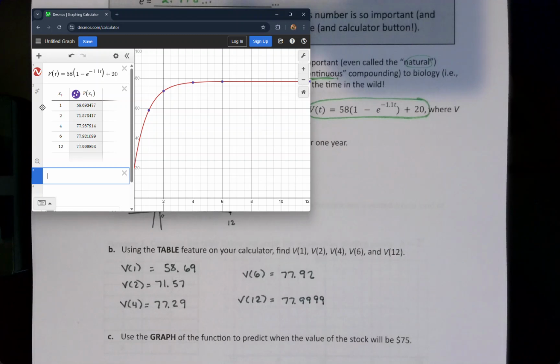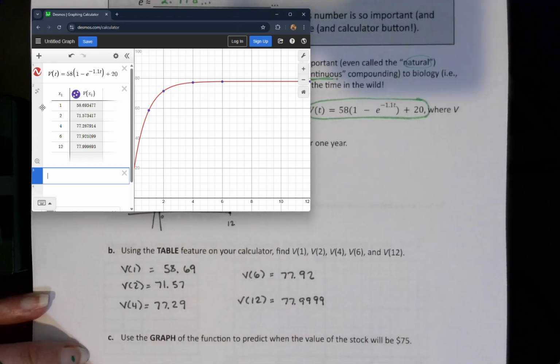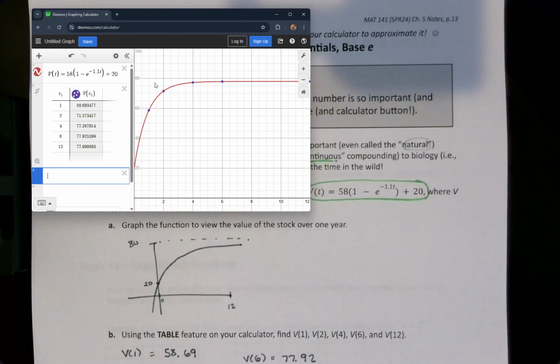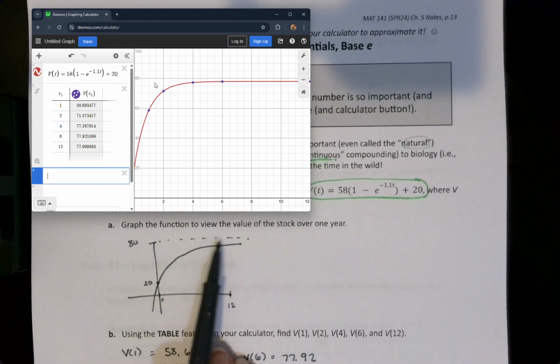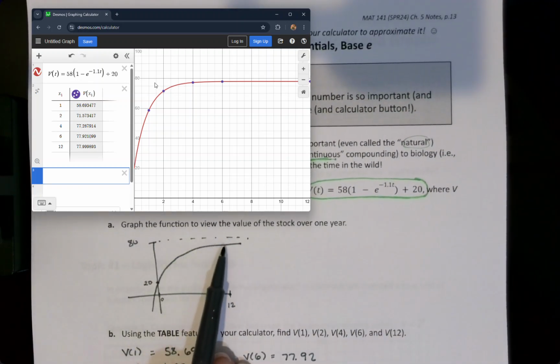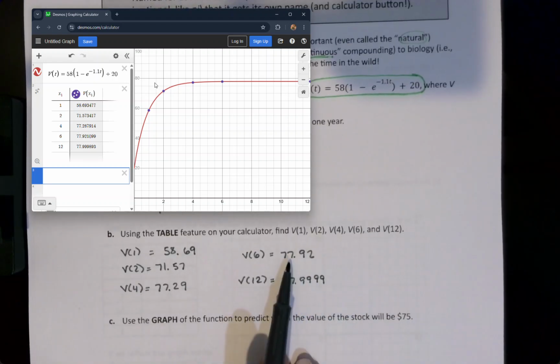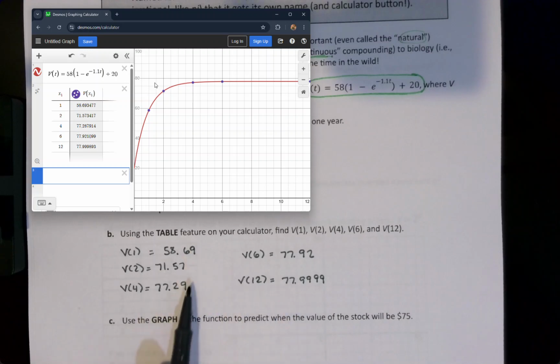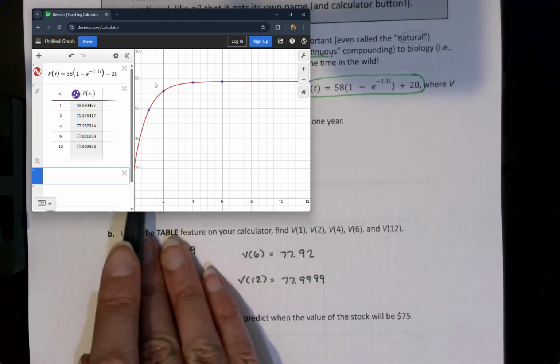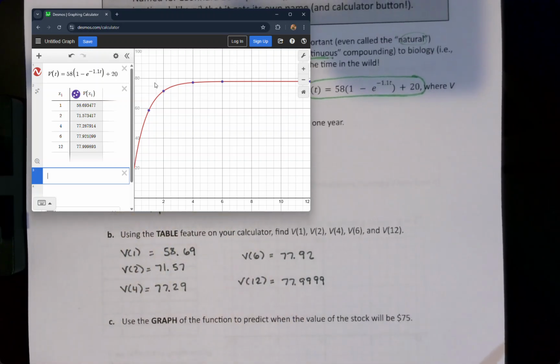So when I was looking at this graph, I did a rough estimate that 80 was going to be the top that I would need to graph. Looks like from the data, it's actually a little tighter. I don't think I'm going to really get above 78. So I've got that new supposition after actually plugging in some values that 78 might be the highest value that this graph ever achieves. It's not gone above 78.